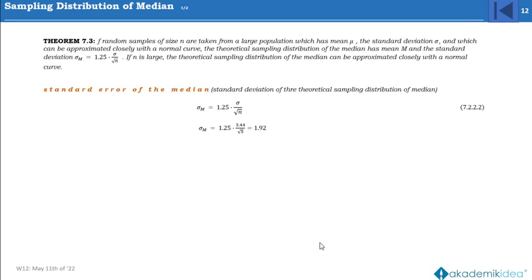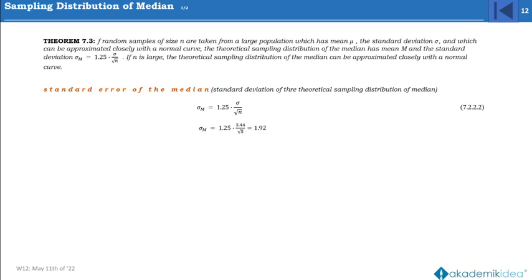This is coincidentally almost identical with the value of the standard deviation of the medians, which was 1.91. It might have been somewhat more or less than the standard deviation of the 50 medians which we obtained.